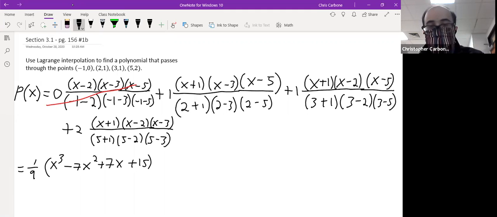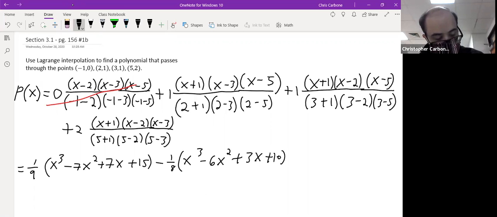This one is going to be a negative 1/8 times x cubed minus 6x squared plus 3x plus 10.